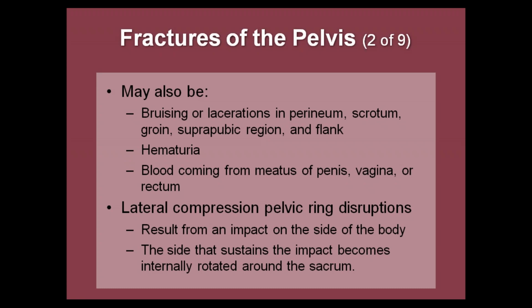Lateral compression pelvic ring disruptions result from an impact on the side of the body. So this could be like your T-bone accidents, the high impact when you get, say, greater than 12 inches of intrusion into the passenger compartment. The side that sustains the impact becomes internally rotated around the sacrum.